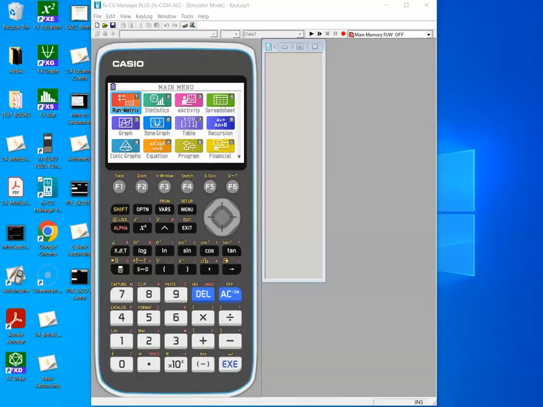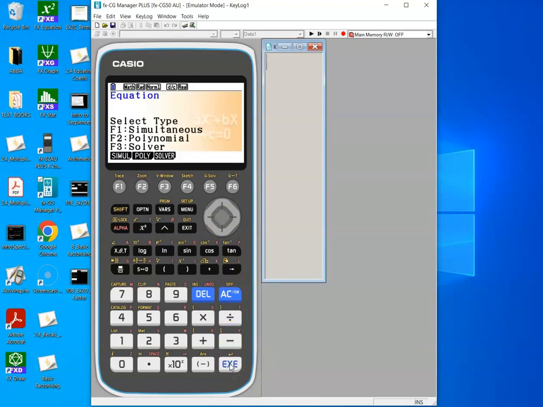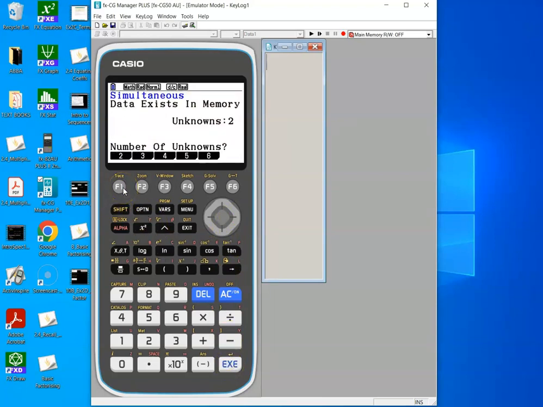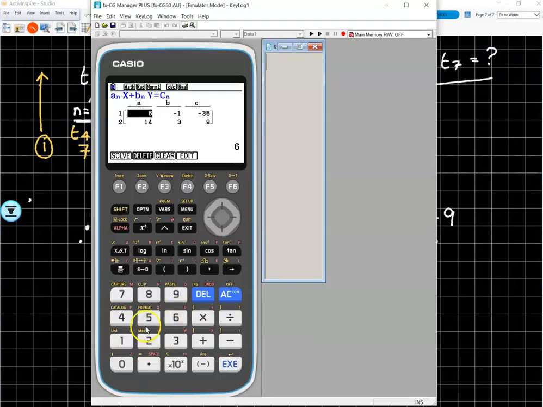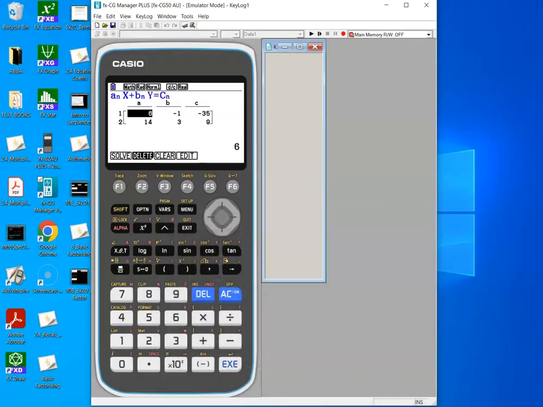And just a quick reminder, if you wanted to use your calculator to check, we go to equation, simultaneous, number of unknowns, and then you can pop these in. I've written it backwards, so it'll be 1A and 29D.